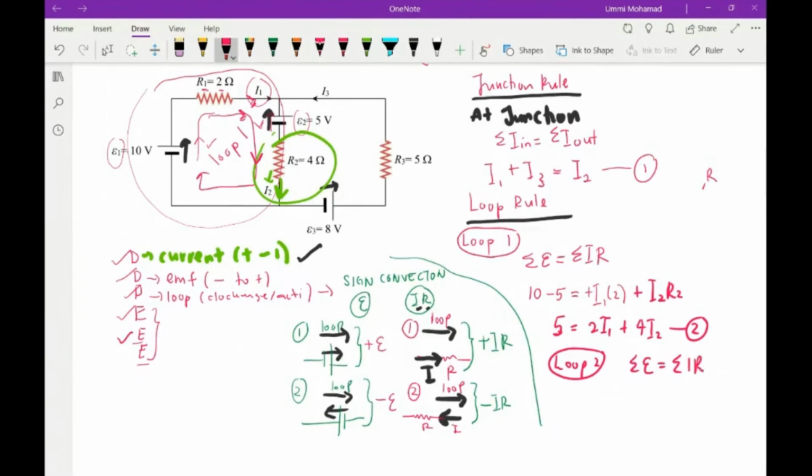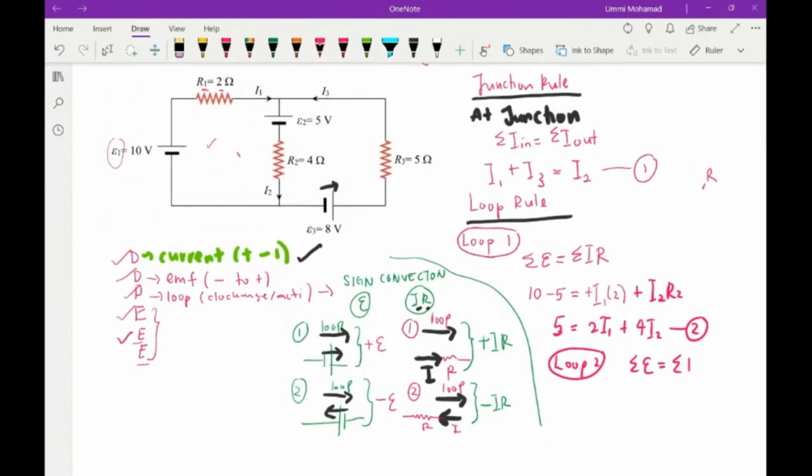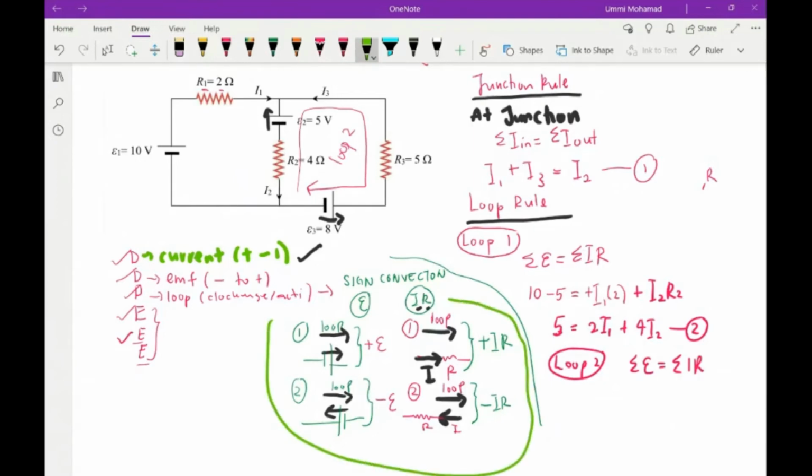This time we are referring to loop number 2. I will try to make it clearer. We have a new circuit here, let's say. This is to the right, the direction of EMF that we have drawn just now. This is our loop 2. Again we use this sign convention rule, then we can have the equation.